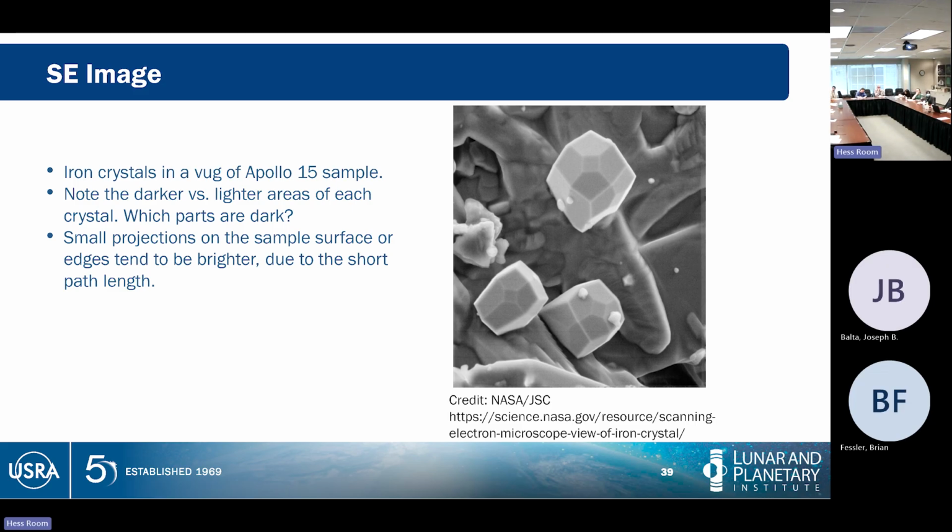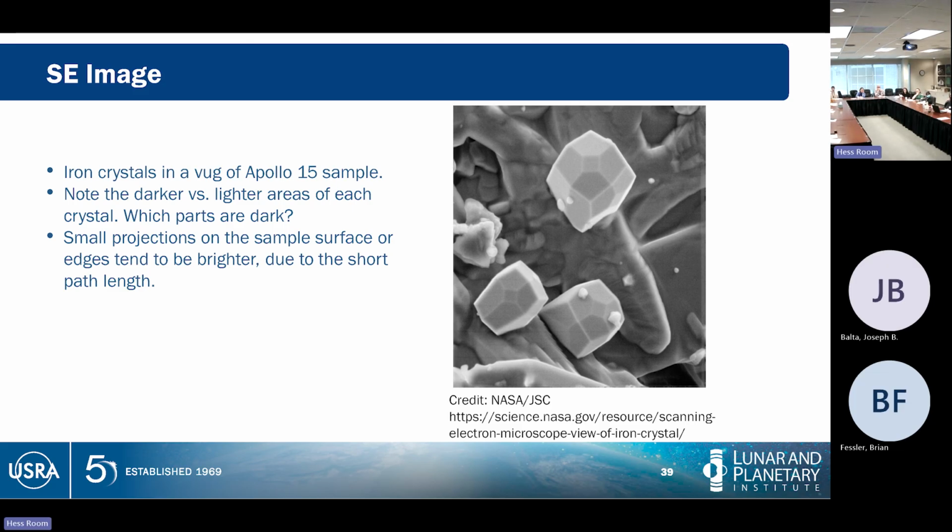This is something from NASA. This is a little crystal in a vug in an Apollo 15 lunar sample. Okay? Take a look at this crystal right here. Which part is the brightest, the edge or the center? Answer: the edge. Why is the edge bright here? Because we're looking at secondary electrons. If they go into this part, they have a long path length to get out.